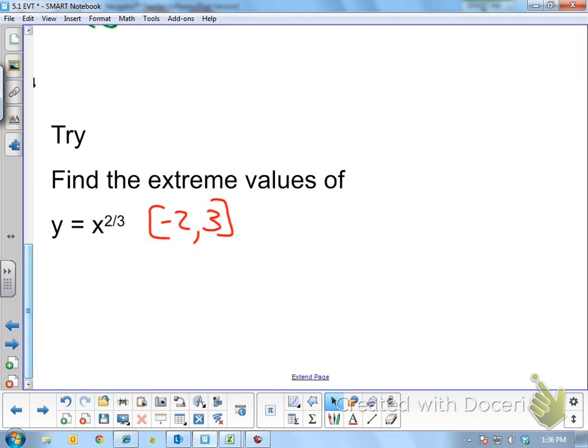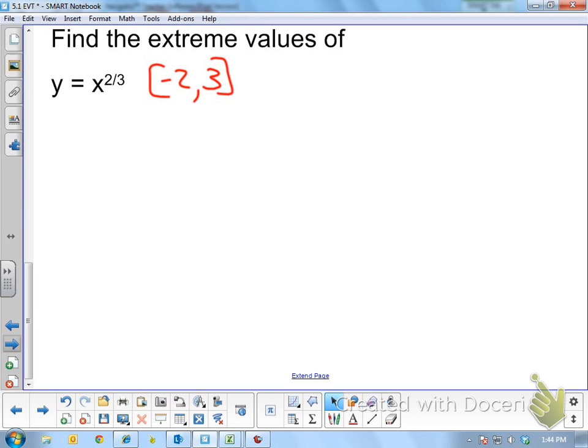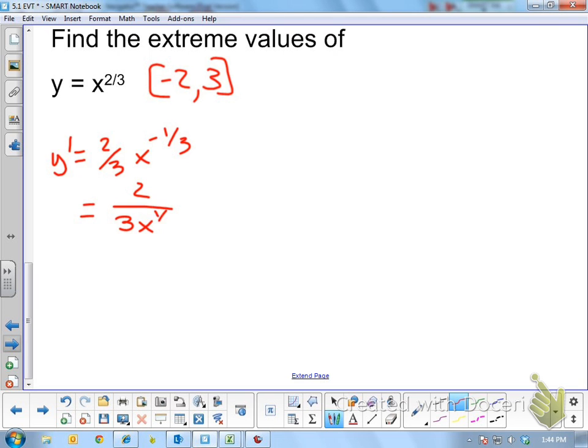So you got it all? Okay, so try this problem. When we take the derivative, this time we have 2/3 x to the 1/3.